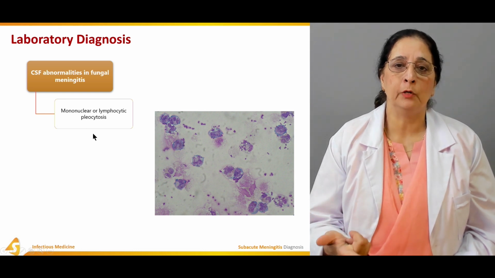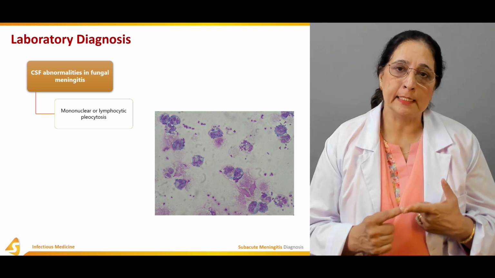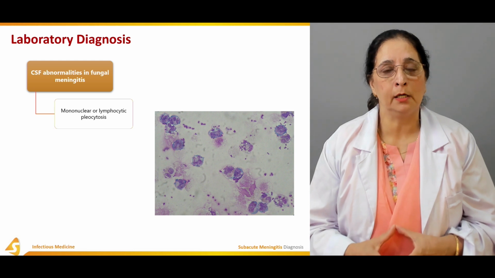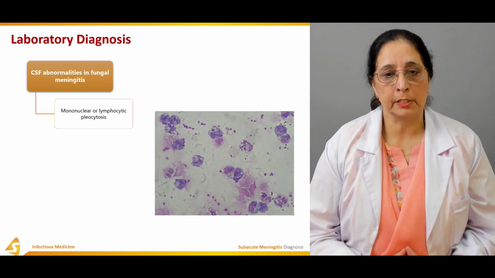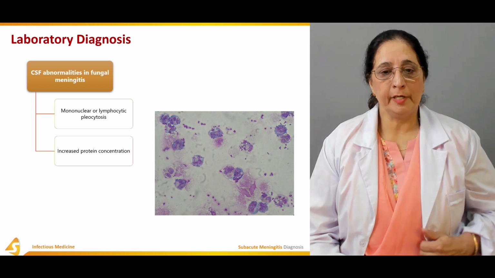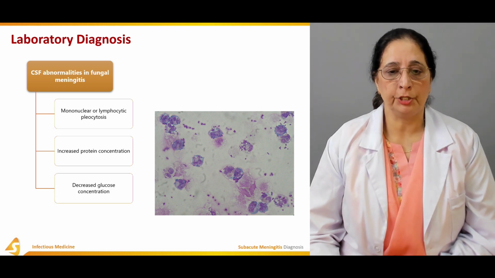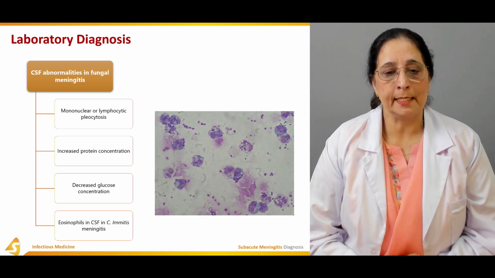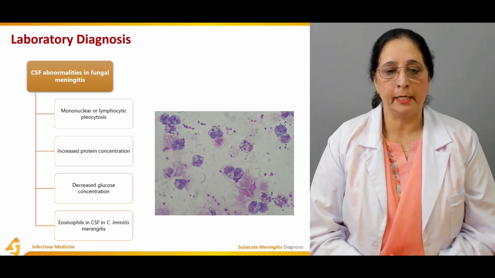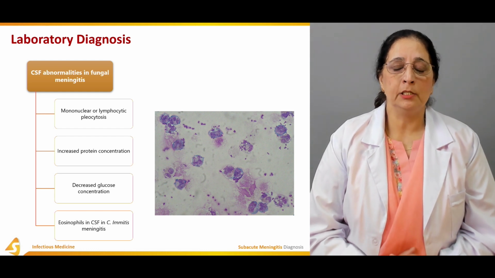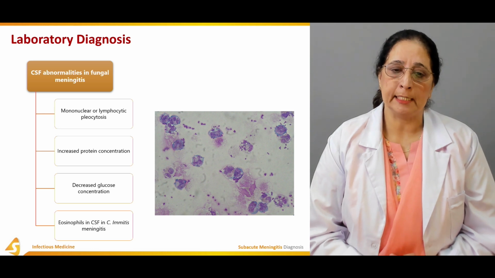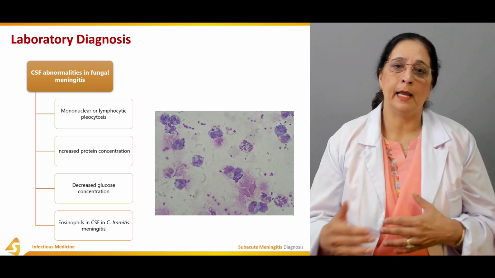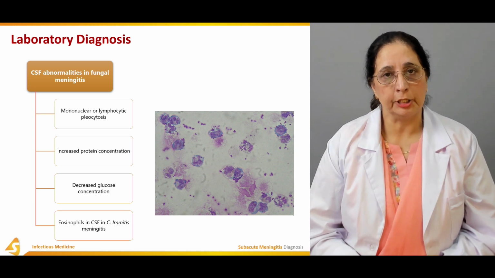Lymphocytic pleocytosis was also present in tuberculous meningitis. In fungal meningitis also, there is mononuclear or lymphocytic pleocytosis, again increased protein concentration, decreased glucose concentration, and eosinophils in the cerebrospinal fluid in Coccidioides immitis meningitis. So pretty much the CSF findings are the same between fungal and tuberculous meningitis.